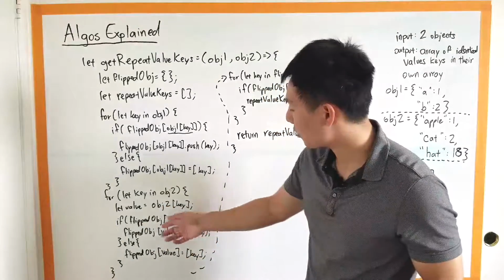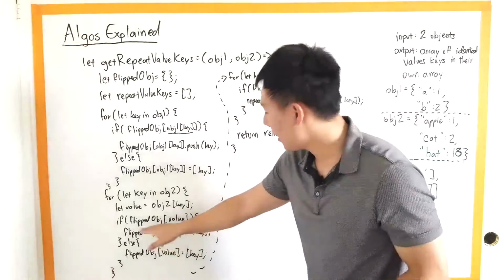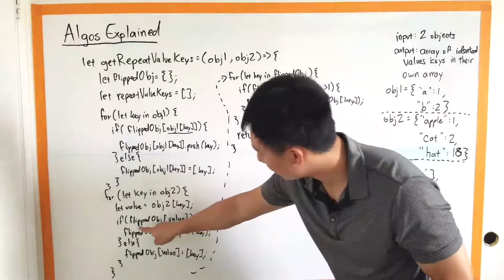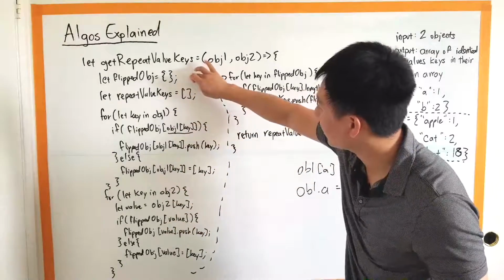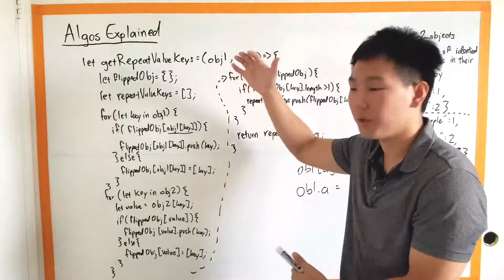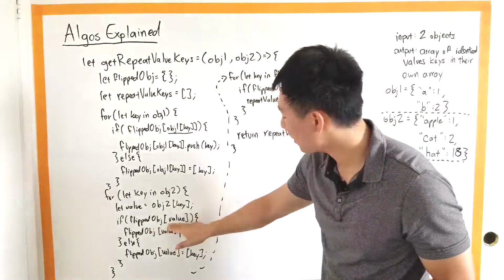It might be a little cleaner to see here. Same thing, flipped object. We're still looking at the same object. We're just compiling it into one big one. And we're saying, okay, have you seen this value yet?